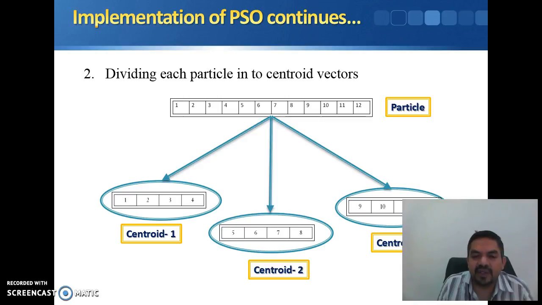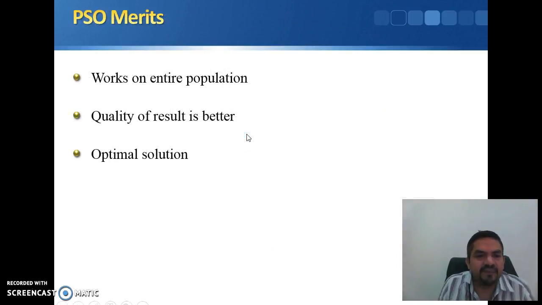In the first iteration I get the best value, in the second iteration I get the best value, compare these, and go for the global best. Do this operation for a number of iterations, take the best value, and that will be the final value. This is the working of the PSO algorithm.